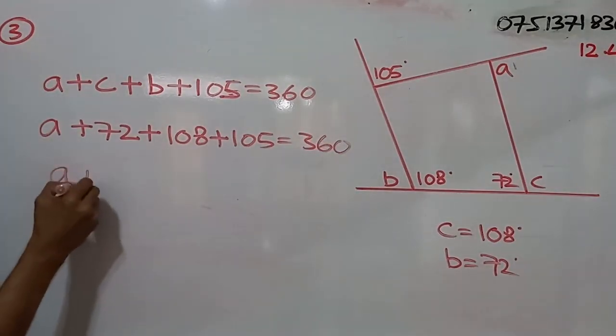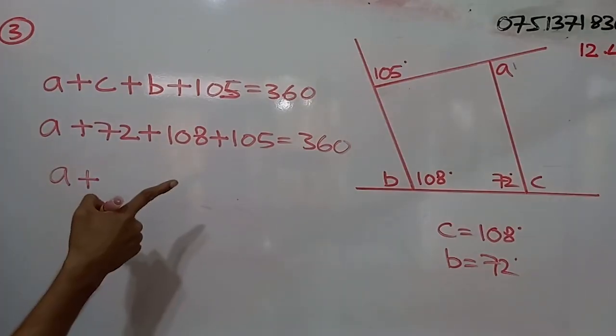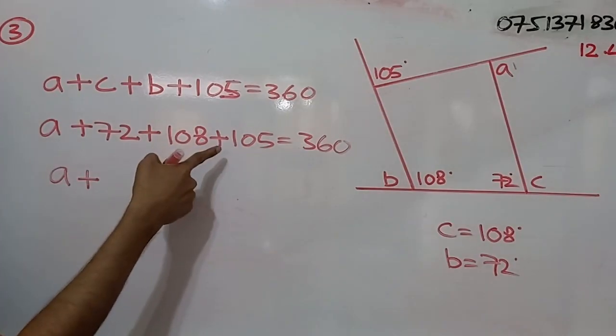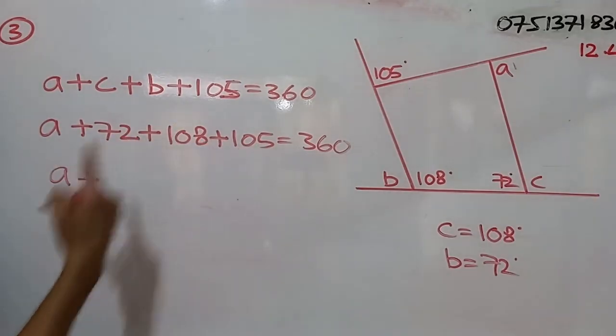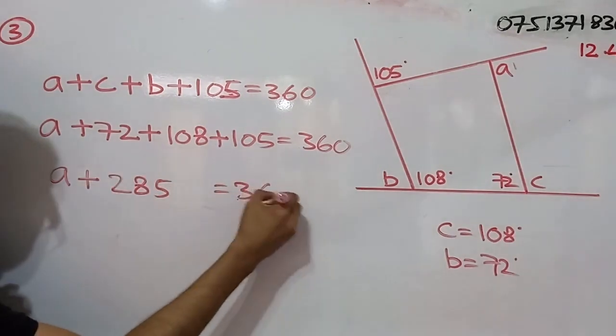Then A plus 72 plus 108, that is 180. 180 plus 100 is 280. 280 plus 5 is 285. So that is equal to 360.